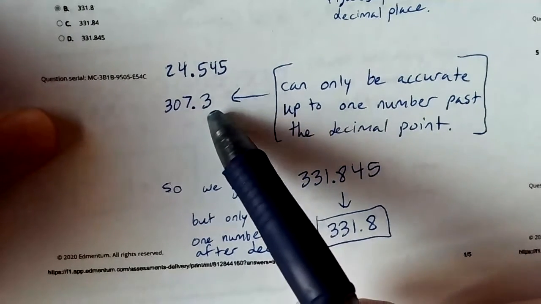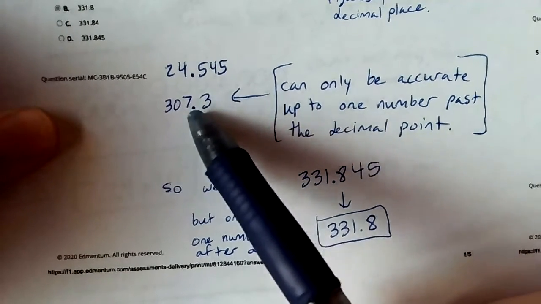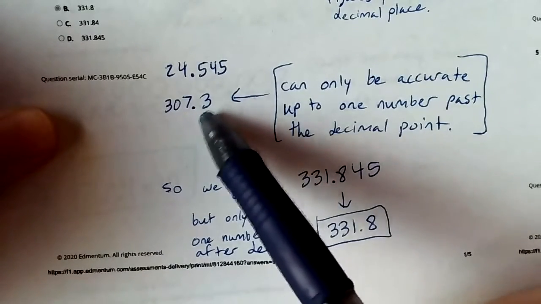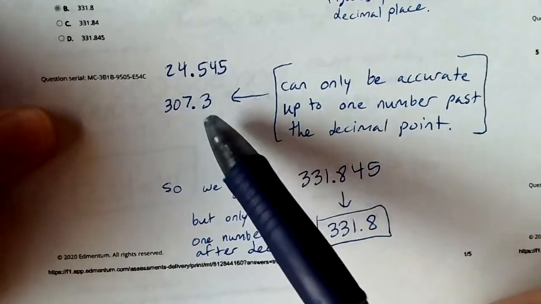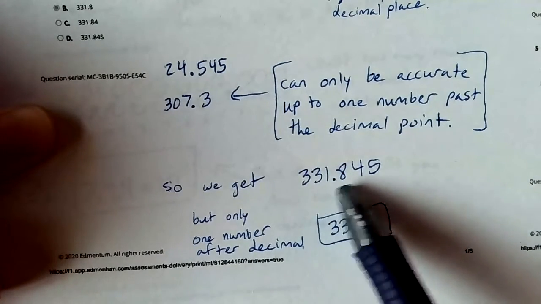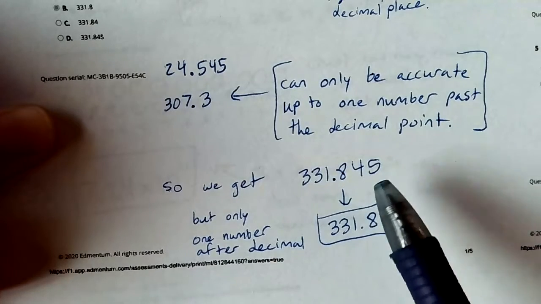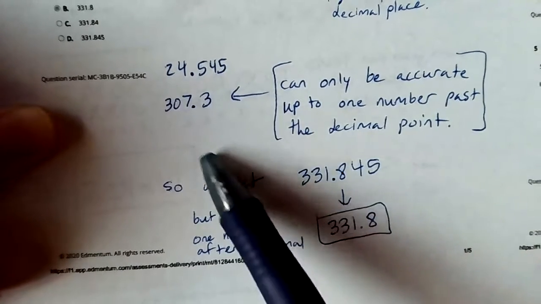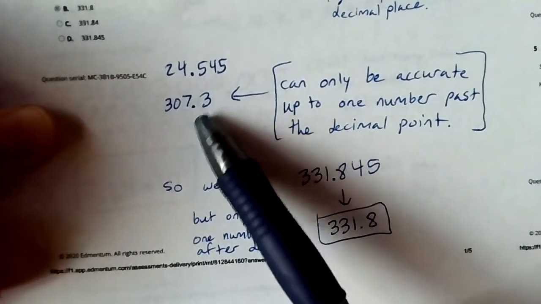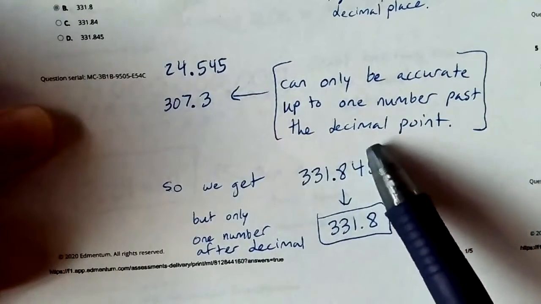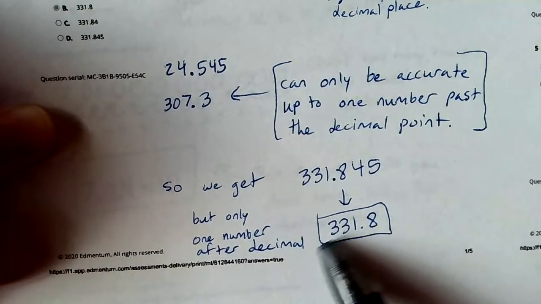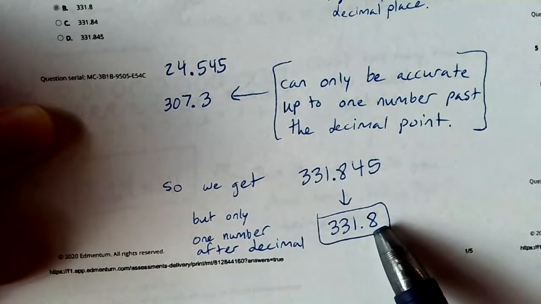The answer can only go past the first number past the decimal point. If you add these numbers up, you get 331.845. But because this number only goes past the decimal point by one number, you remove the 4 and 5, and you just put 331.8.